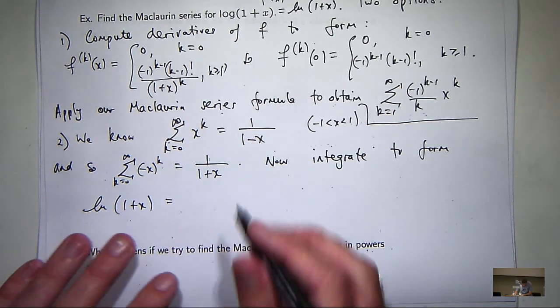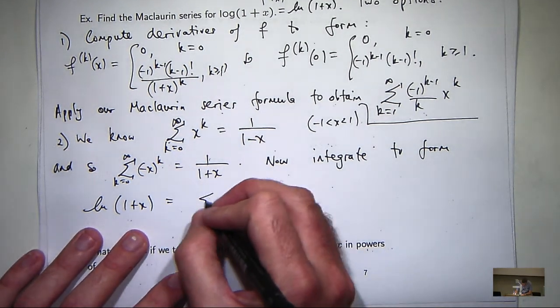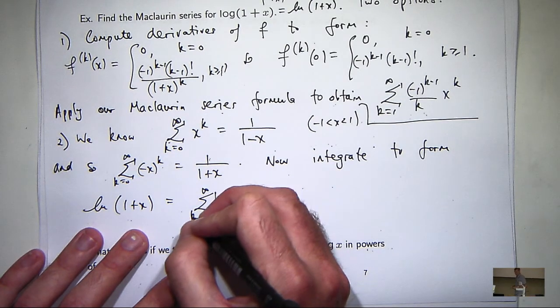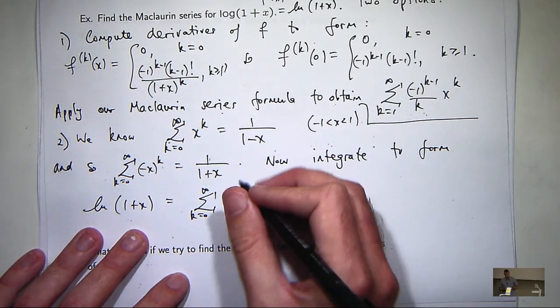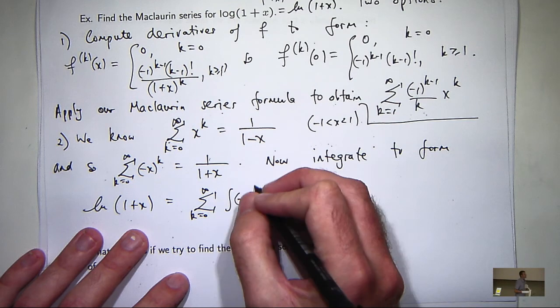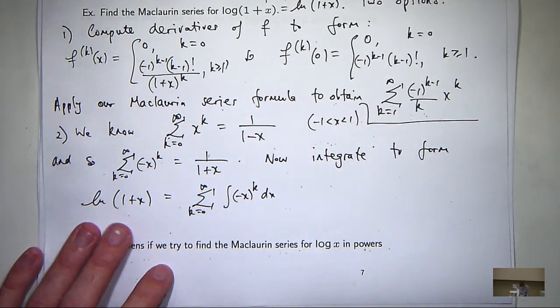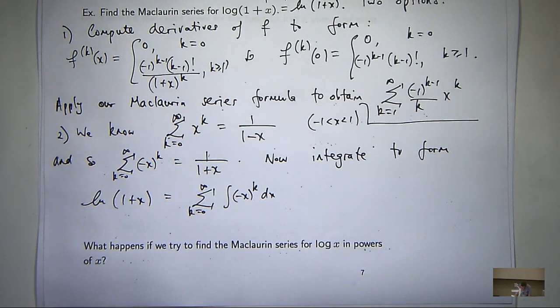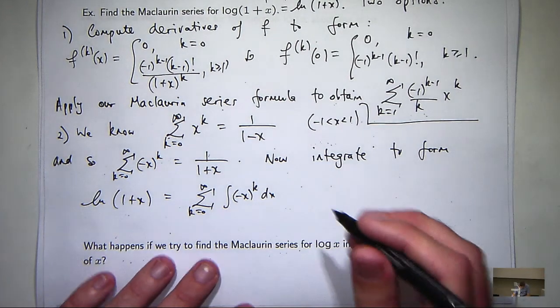Now I'm going to ignore the absolute value signs, and I'm putting the integral sign inside the summation sign.